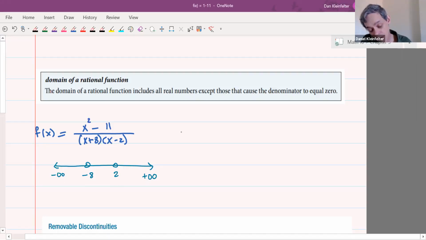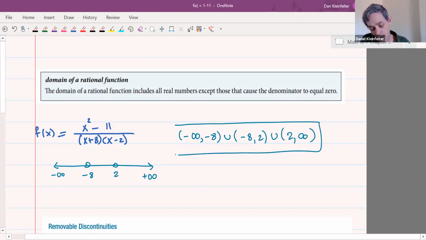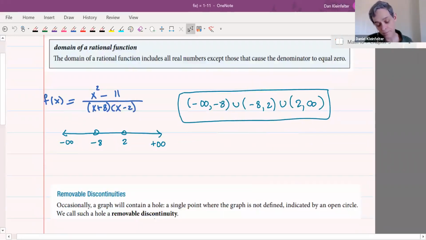Everything from -infinity up to -8, and then I'm going to use a round parenthesis because that's not included, union to join it to the next interval, -8 to 2, union, and then finally the last piece, which will be 2 up to +infinity. Okay, and that will be our domain for our f, written in interval notation.